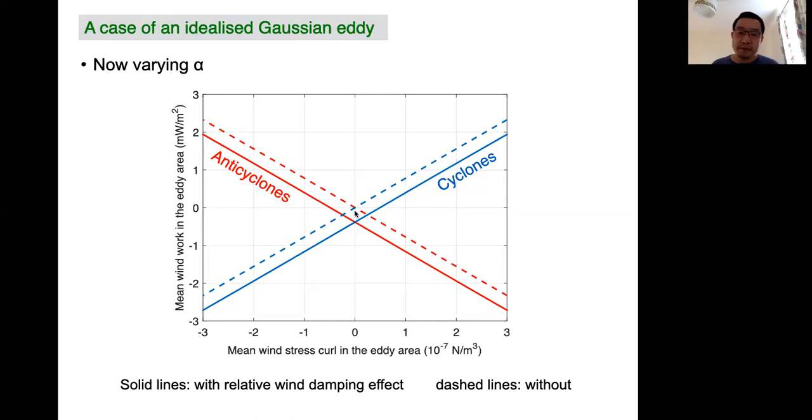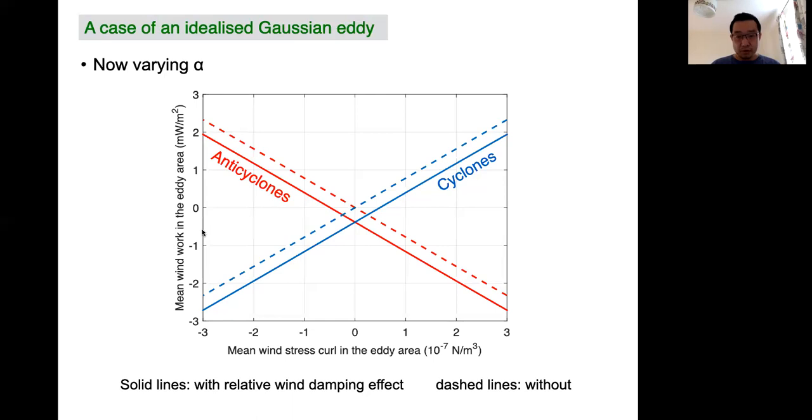So we notice a few things. First, as we expect, if the wind or the wind stress curls in the same direction as the eddy, it does positive work to the eddy. For example, when the wind stress curl over the eddy is positive, then it does positive work to cyclonic eddies and negative work on anticyclonic eddies.